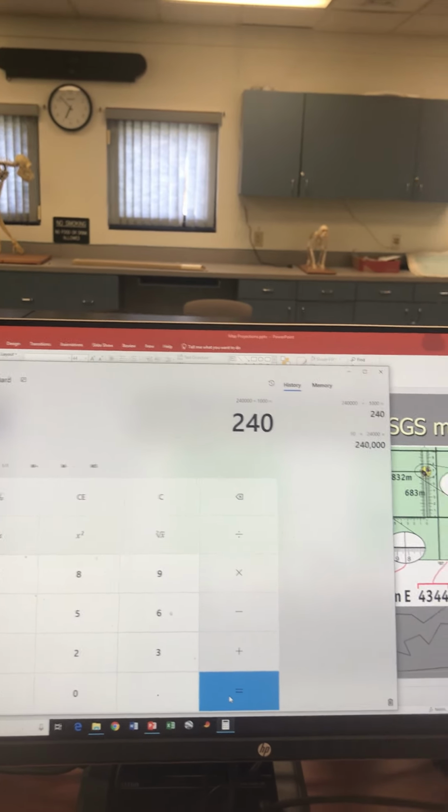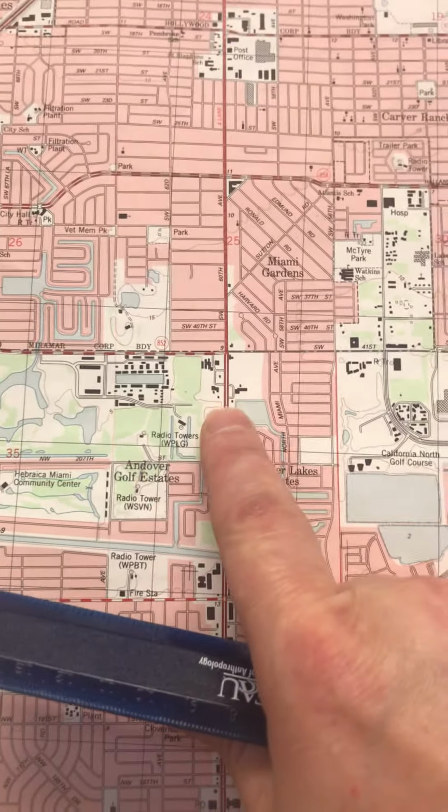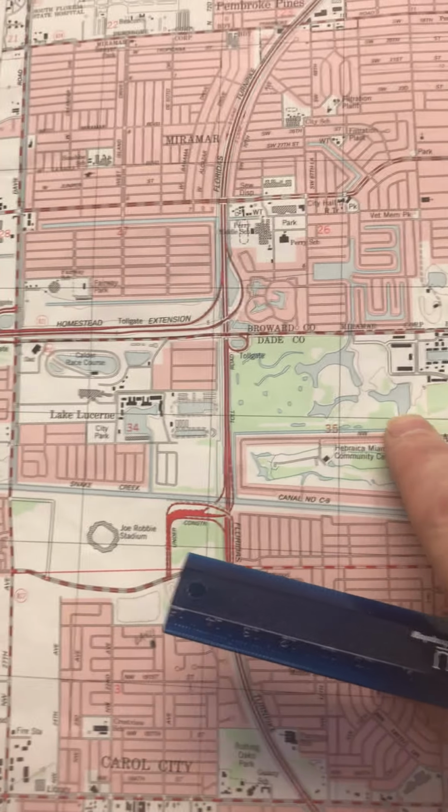So the northing for that particular spot, which was here, this is the north coordinate.